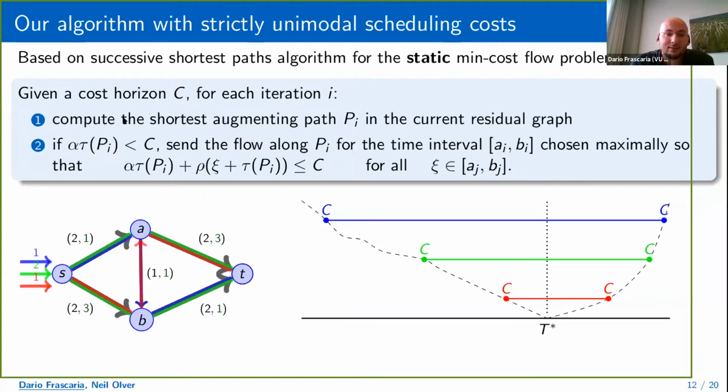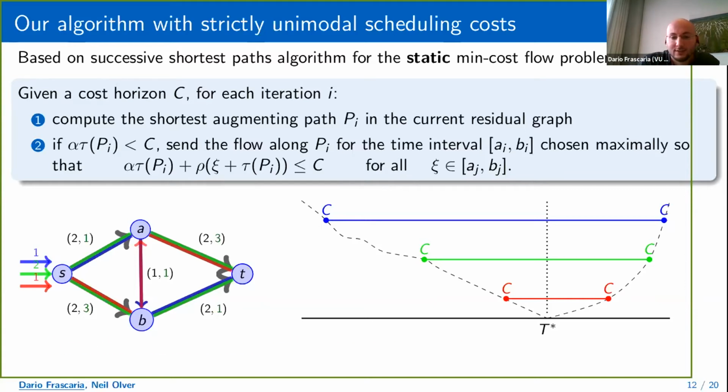But here, rather than a time horizon T, we have a cost horizon C. So in each iteration, we compute the shortest augmenting path, and we send flow along this path in an interval chosen maximally so that every particle that arrives from this path pays no more than C. So for example, if we consider strictly unimodal scheduling cost function, we have that the first and the last particle that comes from a path has exactly cost C, and all the other particles have a smaller cost.